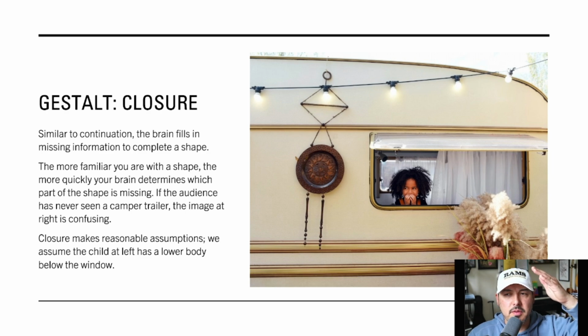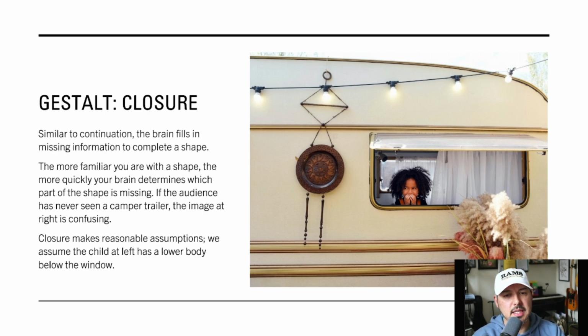Continuation, though, is more the idea of something going along a path and then maybe being obscured for a bit, and then you see it again, and you understand that it didn't just cease to exist for those few moments and then come back into existence. That object permanence is something we do develop as humans. But closure is the idea that if part of an image is obscured, we fill in that information to complete the shape.